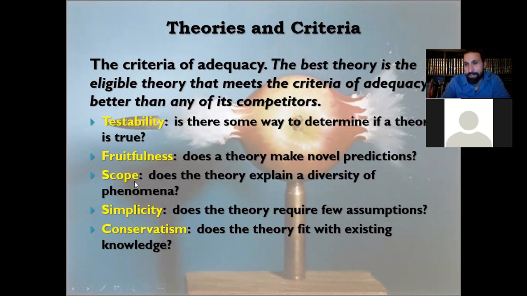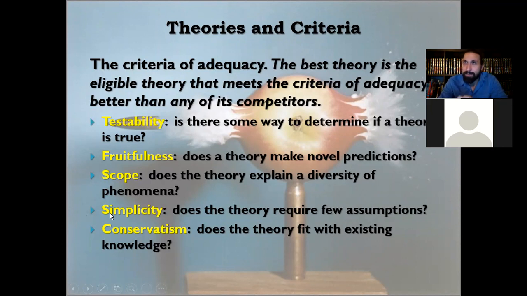Scope: a theory which explains a diversity of phenomena is better than one that is limited, or a theory that is more accurate than another is better than one that is less accurate. A theory which explains more is better than one that explains less, all else being equal.